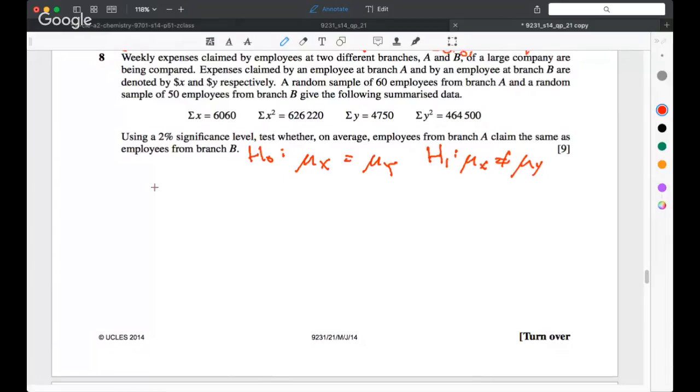And now, in order to investigate this hypothesis, we first want to find the estimated variance. So for x, we want the sum of x squared minus the sum of x, all squared, over 60. And in order to make it an unbiased estimate, we need to divide it by the number of samples minus 1, so divided by 59.